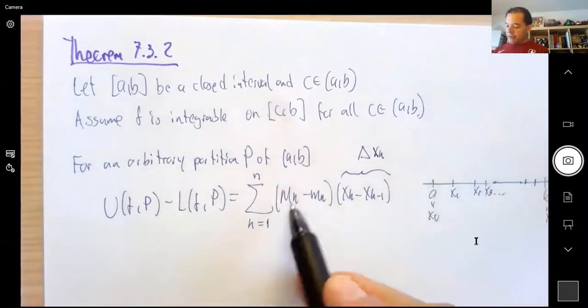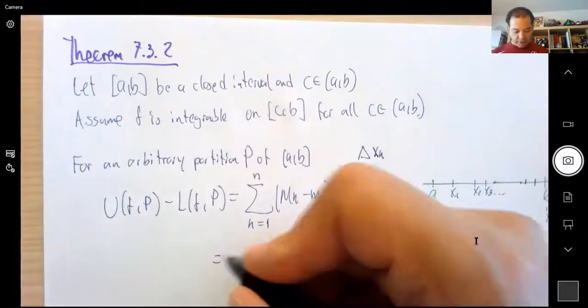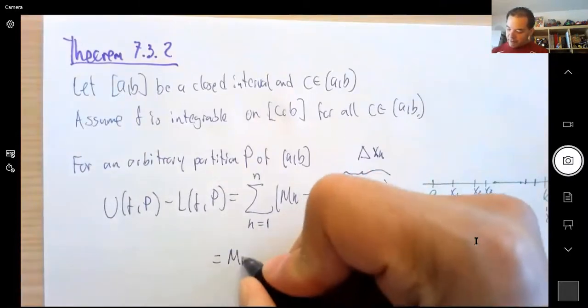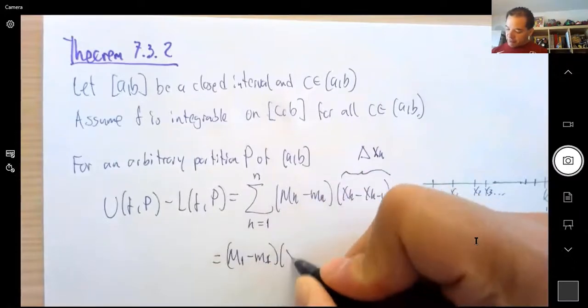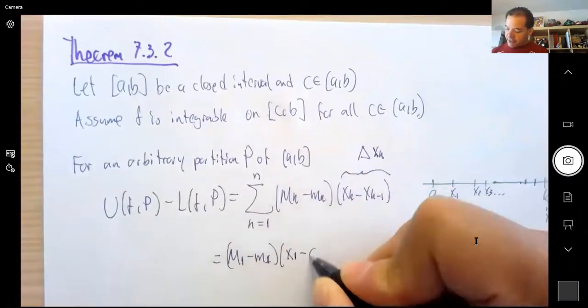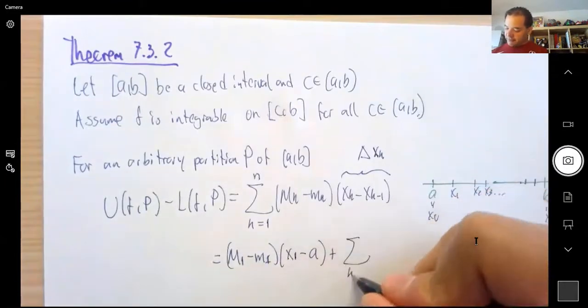So I want to separate the first term from the rest. So the first term is going to look like M1 minus little m1 times x1 minus x0, which is A. And then the rest, from 2 to n.